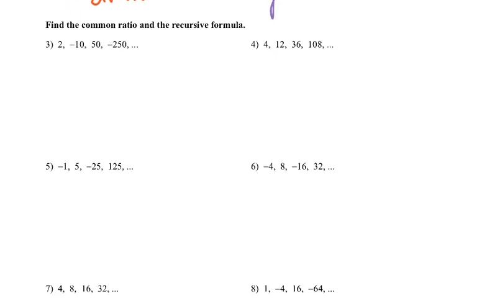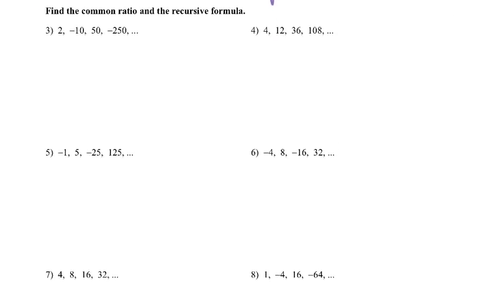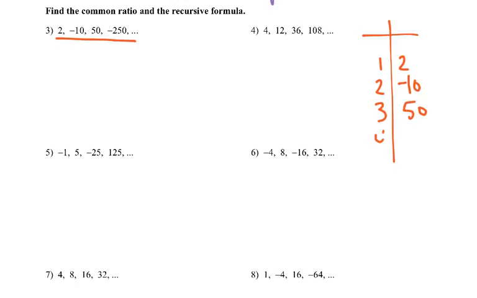Now, we want to find our recursive formulas. Remember, recursive formulas, if we look at a table, we've got that sequence. So our first term is 2, our second term negative 10, our third term 50, our fourth term negative 250. This left side is which term we're talking about, and the right side is our output, our numbers.